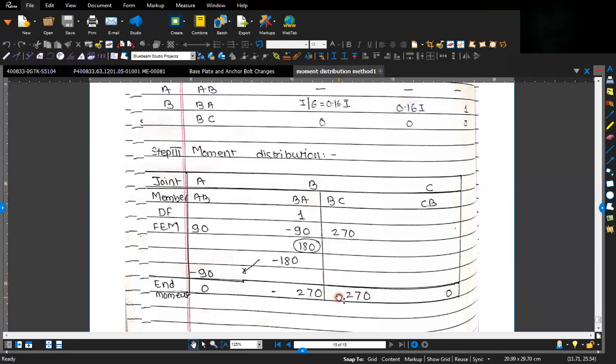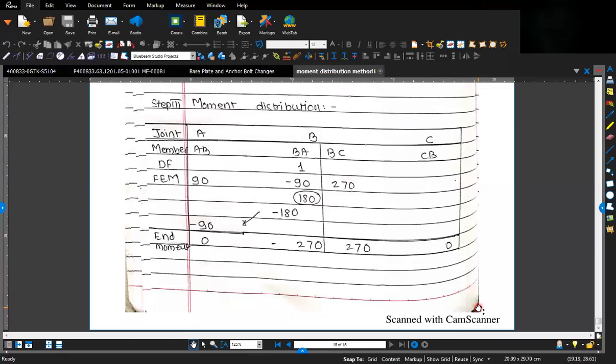Just remember the three equilibrium conditions: summation of vertical forces is equal to 0, summation of horizontal forces is equal to 0, and summation of moment is equal to 0. Here we are just dealing with moments, that's why the summation of moment at the particular joint is 0, and we have achieved that here. So we stop our iteration here.